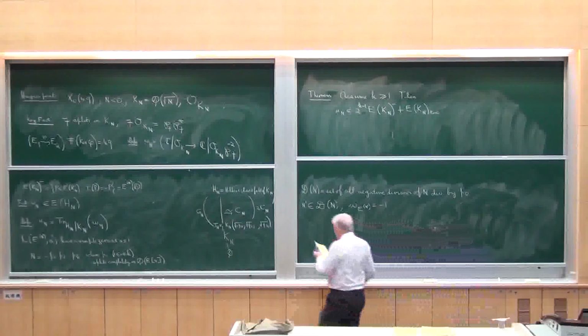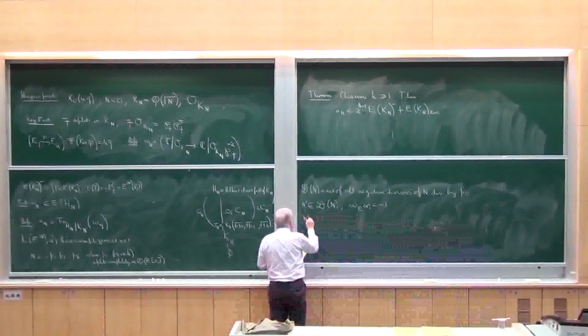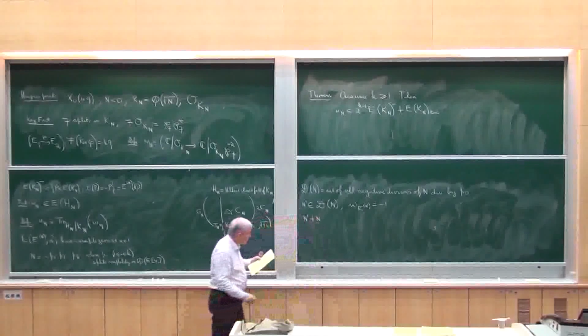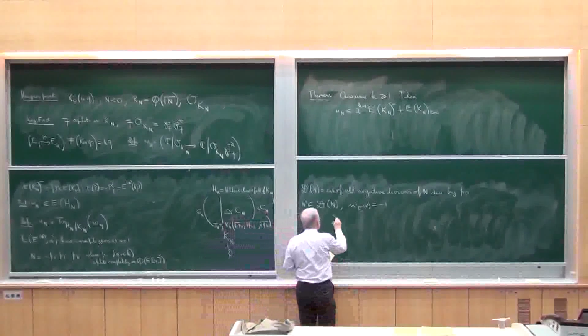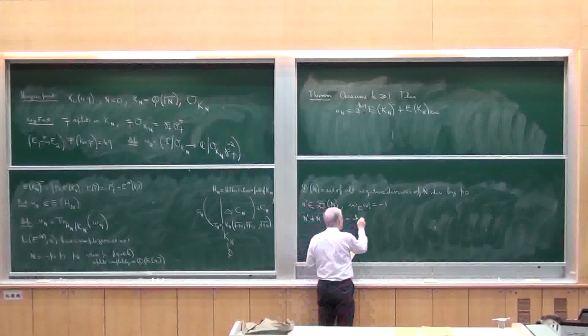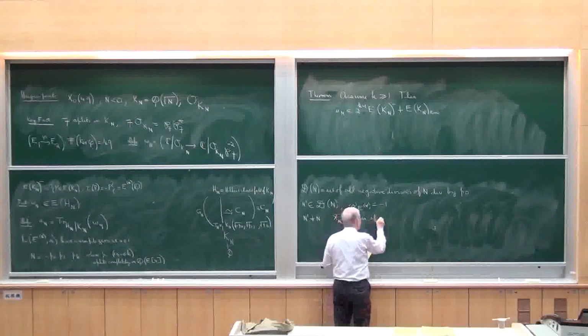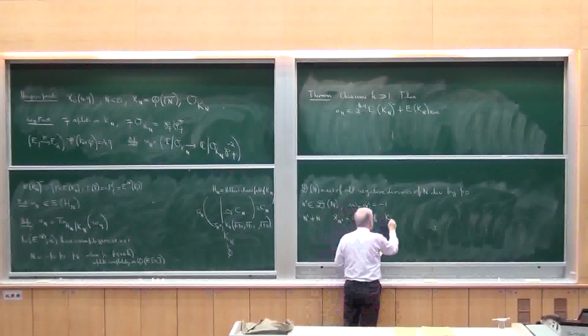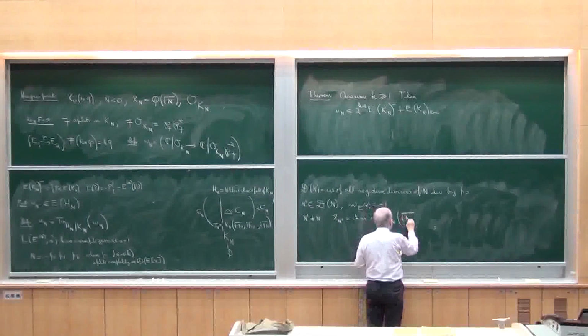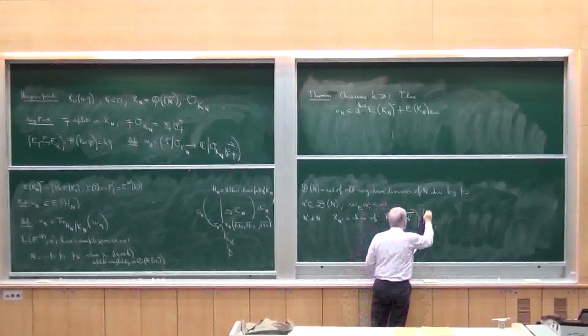But now, if n dashed is not equal to n, we can do the following. We can let chi n dashed be the character of the quadratic extension Kn adjoin the square root of n dashed over Kn.